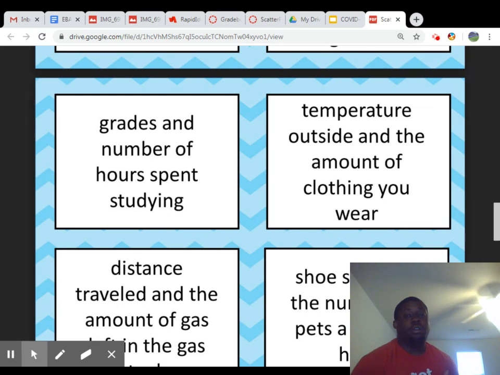And if you make a scatter plot, it's going to be a negative scatter plot. Okay. And you guys saw on the video from yesterday what those scatter plots look like. Okay. So it's just like what we've been doing, sort of like we do with function tables. You're given a scenario and you just got to tell me, is it positive, negative, or no correlation?